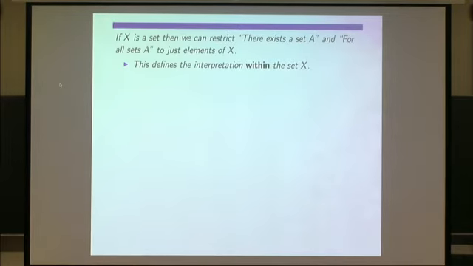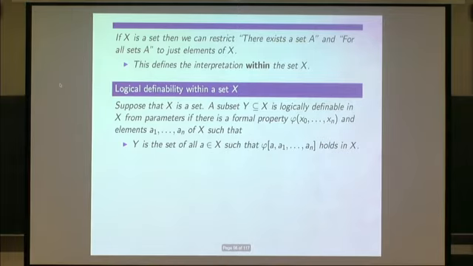If X is a set, we can restrict there exists a set, and for all sets, to just elements of X. And in doing so, we can interpret that property within X. And this is where things get interesting. So that's logical definability within a set. Suppose X is a set.